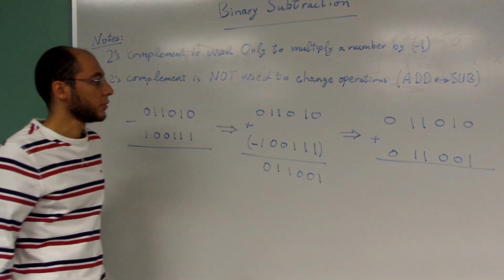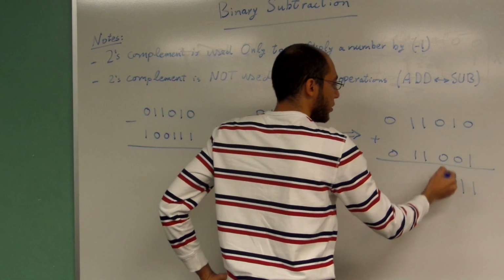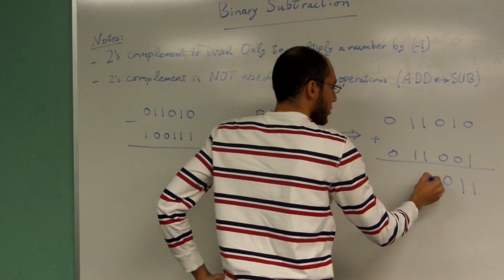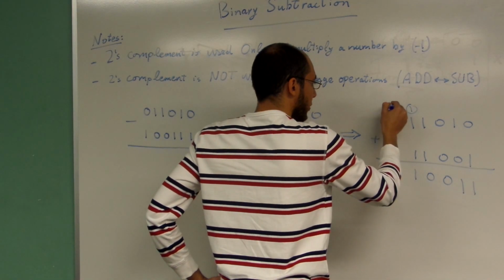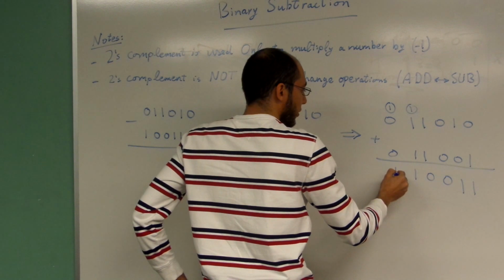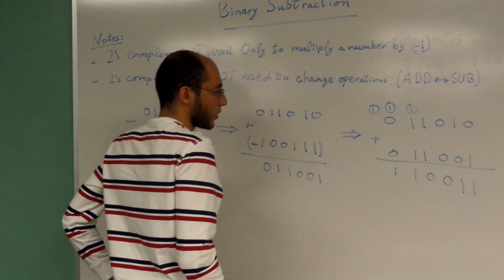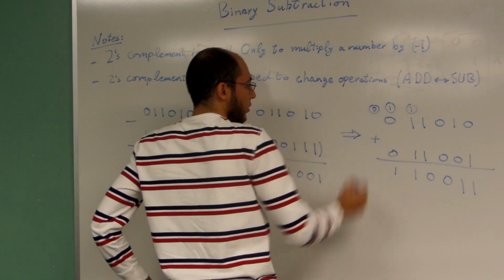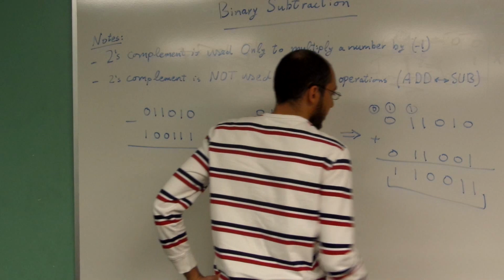And then do the addition. 1, 1, 0, 0, and carry 1. 1 and carry 1. And then 1 here and carry 0. And carry 0. So that becomes the final answer.